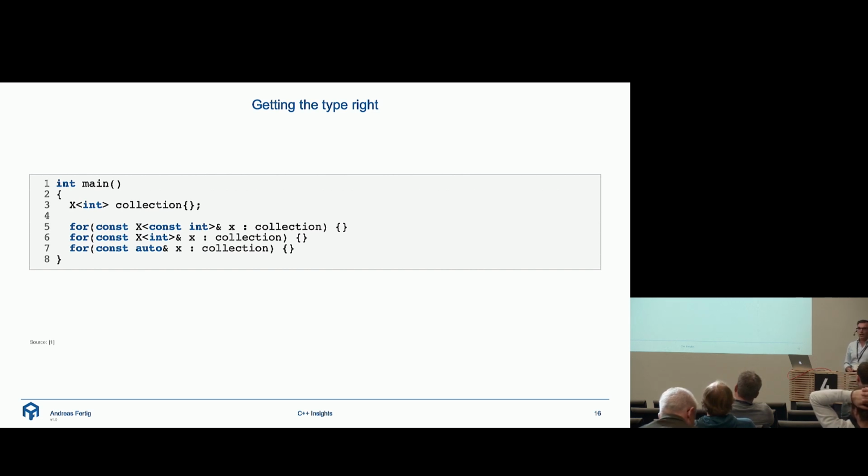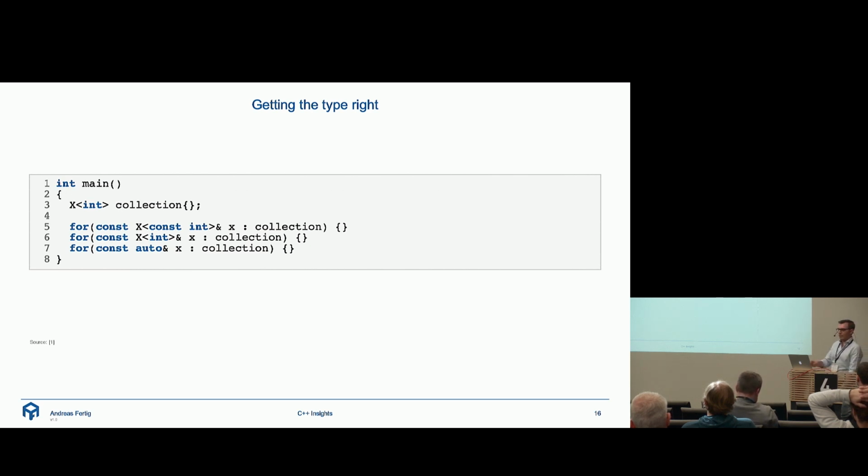That's exactly the type as we gave it before when we declared collection. So that one is correct. And then we have the third version which uses auto, and of course auto does the right thing. So for loops number 2 and 3 are correct. 1 is the odd one. Do we all agree?